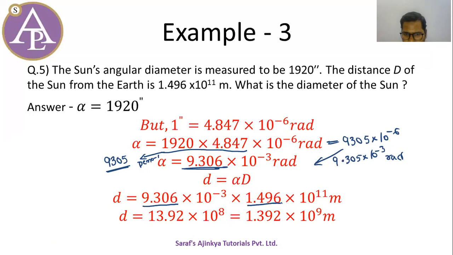9.306 multiplied by 1.496. So the log of 9.306 and the log of 1.496. Correct. So 0 point, and this is 0 point. So 9306. Let us go to the log table.